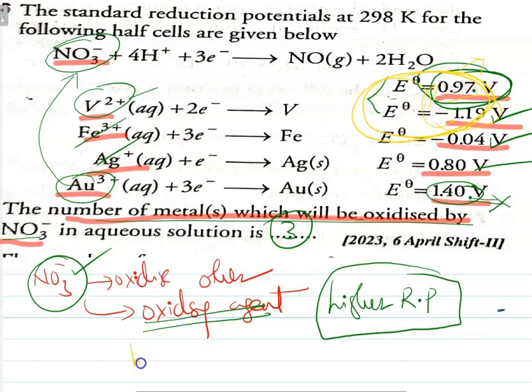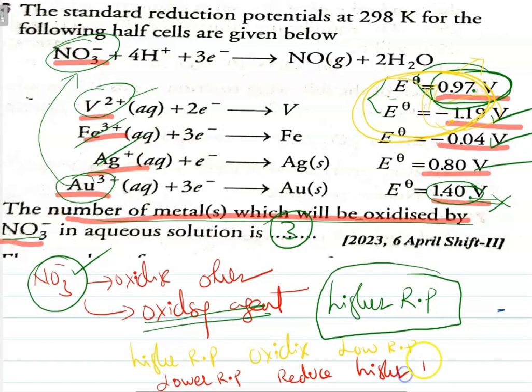Very important: a higher reduction potential metal can oxidize the lower reduction potential metal, whereas a lower reduction potential metal can reduce the higher reduction potential metal. So this is so important.